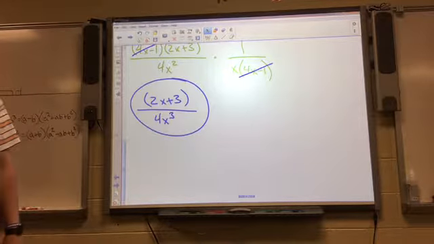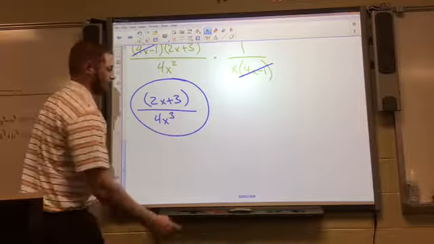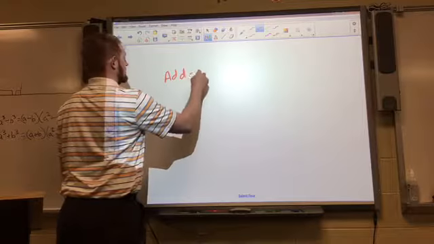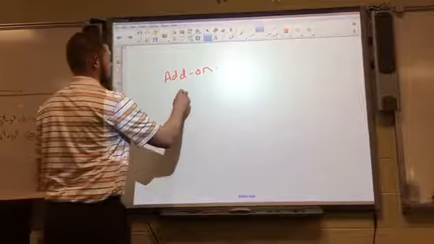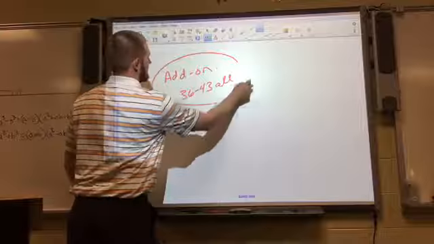So multiplying and then dividing, or dividing and then multiplying. On page 559, I would like you guys to add on 36 through 43. Please.